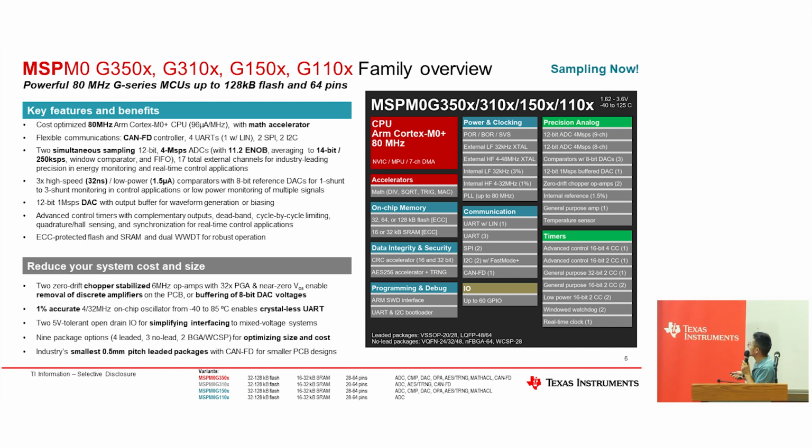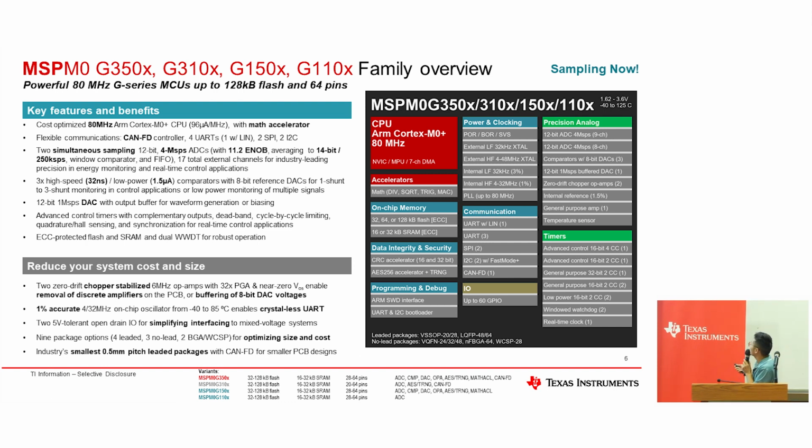We also have a powerful UART here, and the key interface feature of the G series device is that some devices have the CAN-FD interface. You can use it in industrial CAN or automotive CAN, so you can select this device.